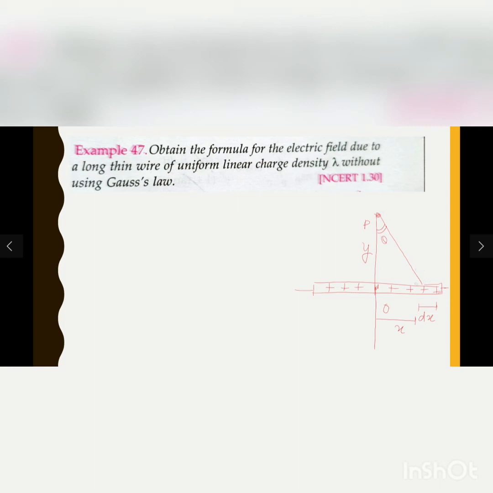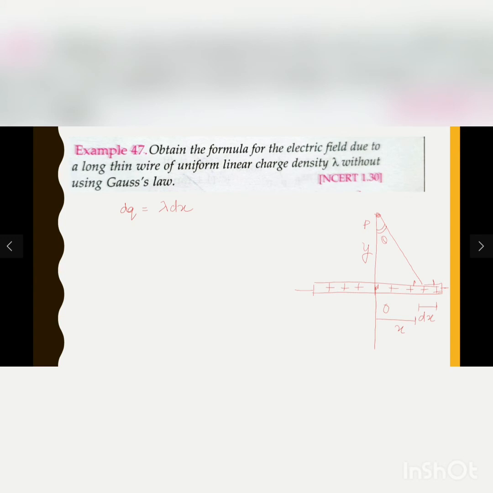So suppose there is a charge distribution here dq. This small element dx will contain a small charge dq, which will be lambda times dx. Lambda here is our linear charge density. Charge is distributed over a wire, so we will take linear charge density into picture.